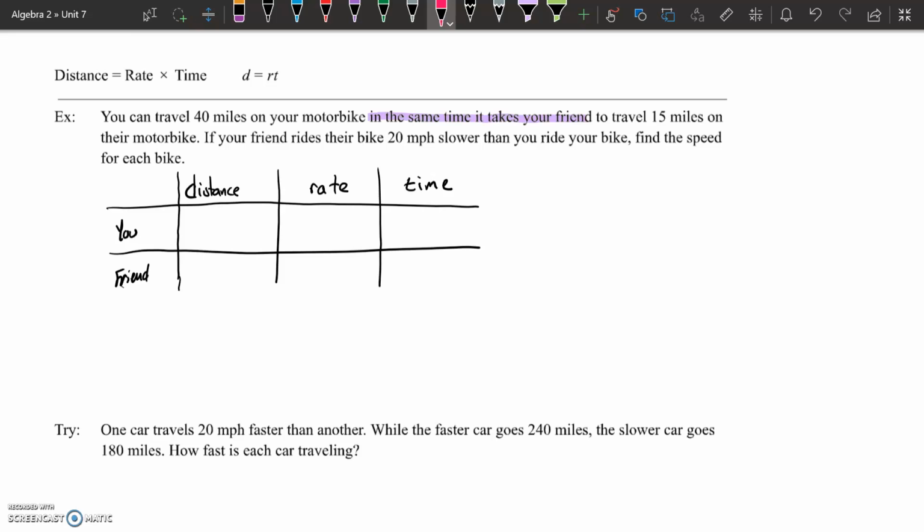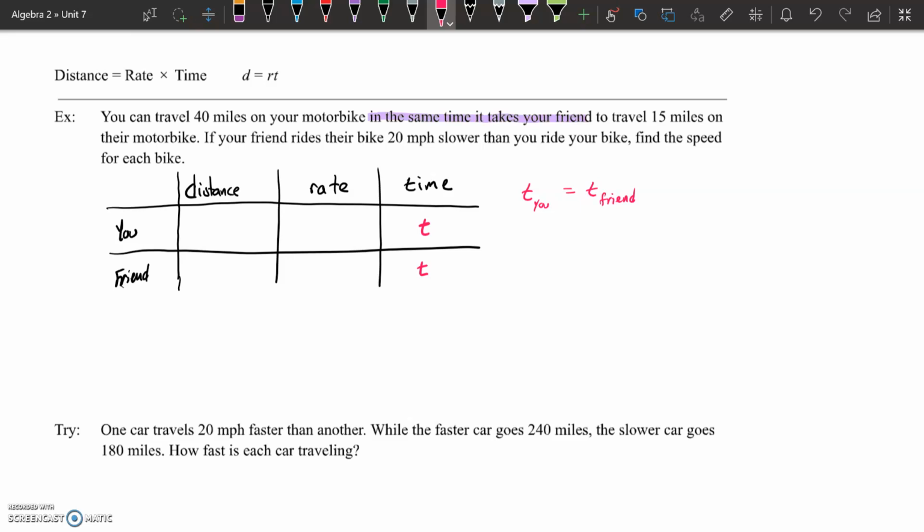So I'm going to, again, recommend that we use t for time, but we know that you and your friend are using the same amount of time. So your time is t, your friend's time is also exactly t. And since that time is equal, I know that the time for you must be equal to the time for your friend. That's an important step to recognize before we put any of the other values or variables in here.